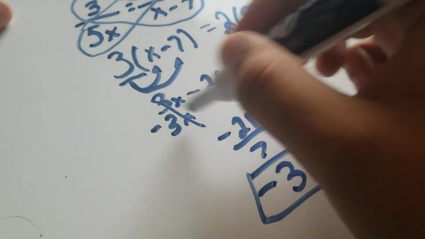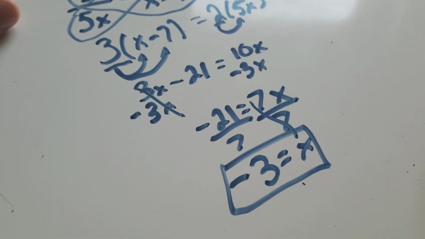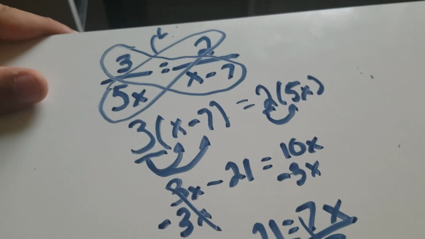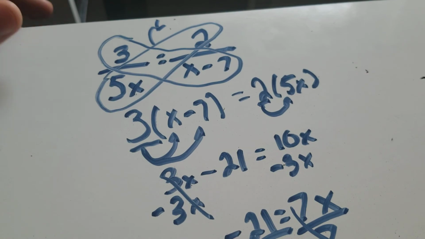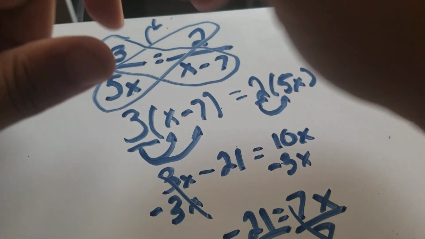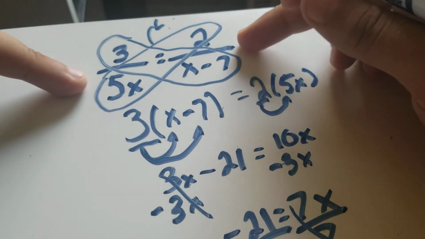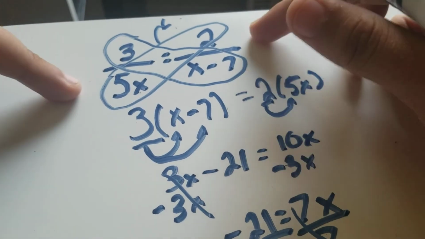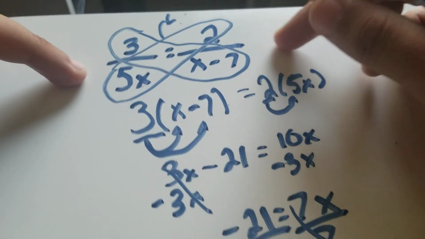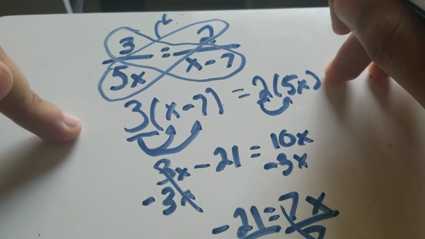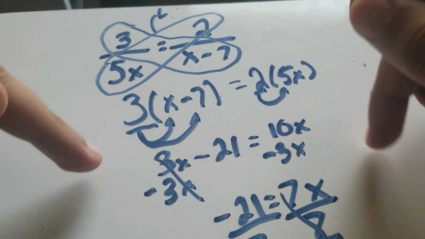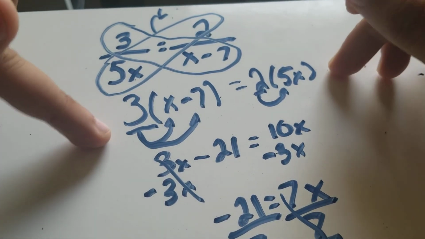Again, we're just going back to our standard solving with x on both sides. There's only one caveat. Because this is a fraction, you have to do a cross multiplication first. But after that, you just have a variable on both sides, and that makes it something that we know how to do.